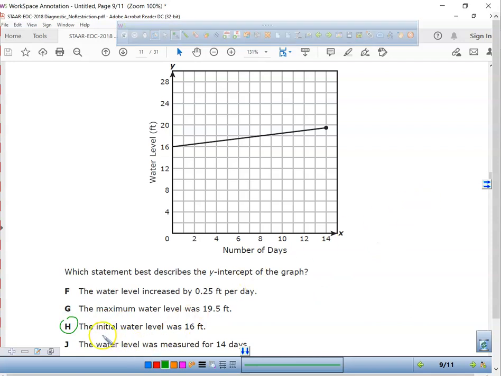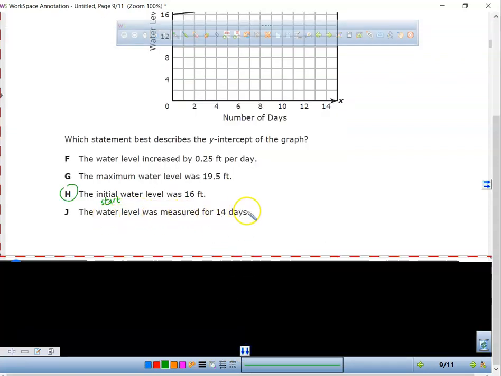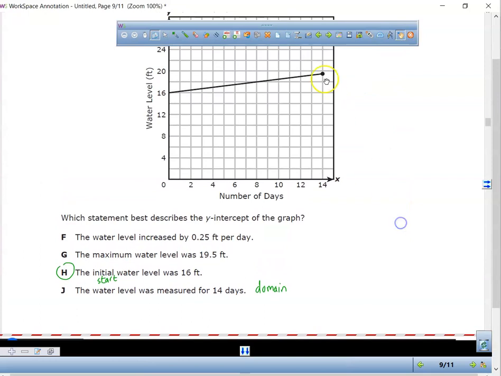Initial means at the beginning, the start. So put the words 'at the start.' It's shorter than writing the word beginning. By the way, real quick, the water level was measured for 14 days. That's the domain. How high did it get? The maximum.